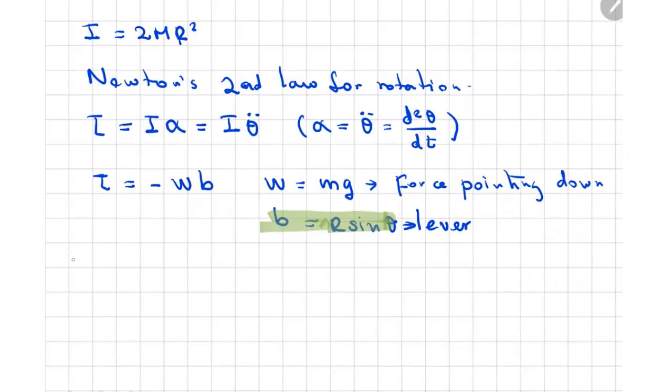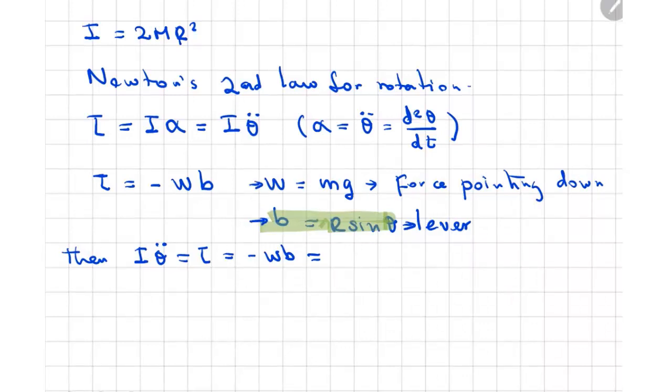Well, then we have I theta double dot equal to torque, right? But torque is equal to minus W times b. But what is W? Is this. And what is b? Is this.